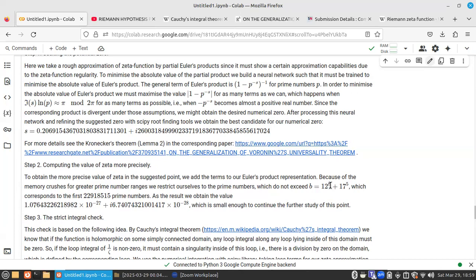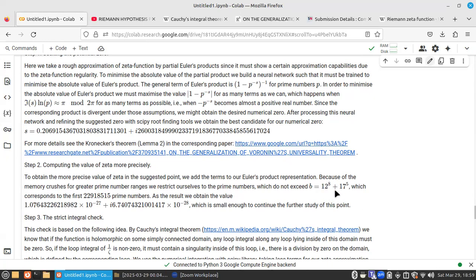It's just due to Colab computational powers. For greater powers or for greater base, I've got memory deprecation. So to avoid the memory deprecation, I've chosen this number.